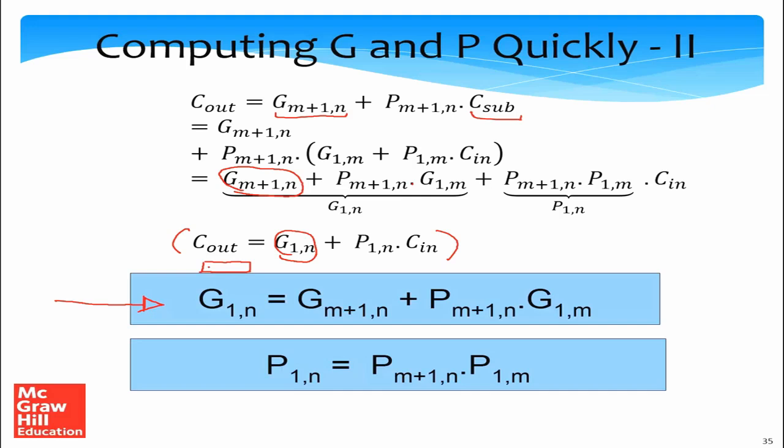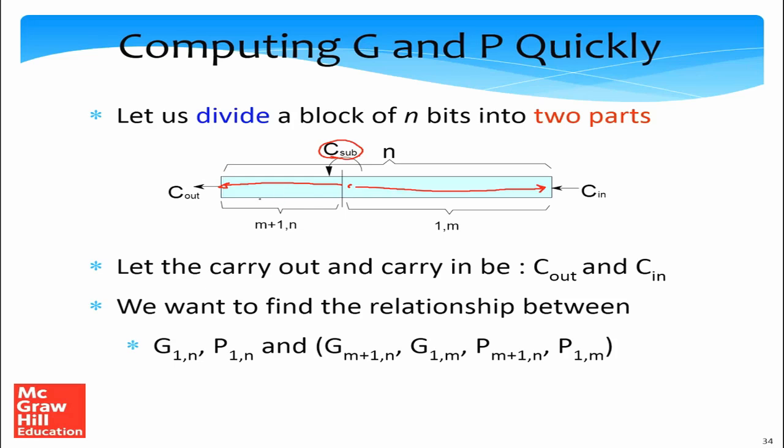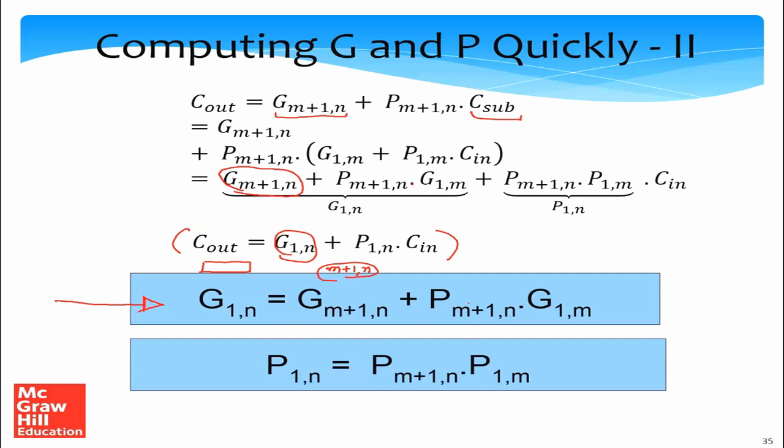It will generate a carry if the bits from m plus 1 to n, the rightmost subblock, is generating a carry, or if this subblock from the last n minus m bits is propagating and the other subblock consisting of the first m bits is generating a carry. So that is pretty much the two ways in which a carry can be generated from the n bit block.